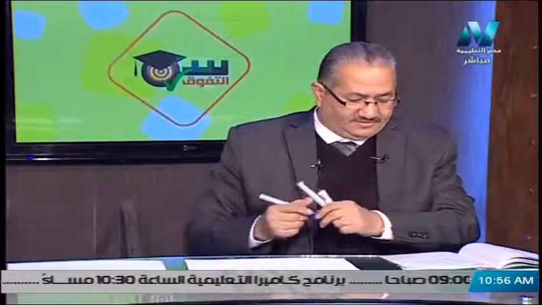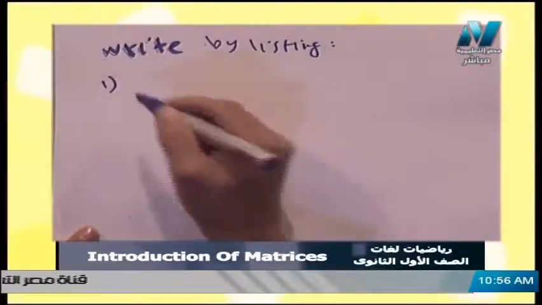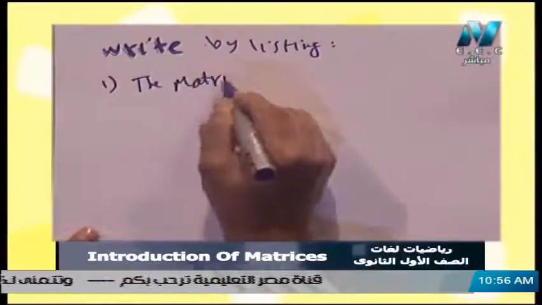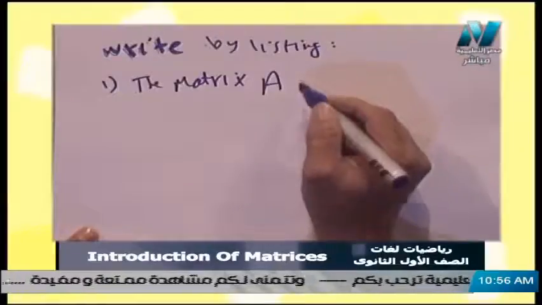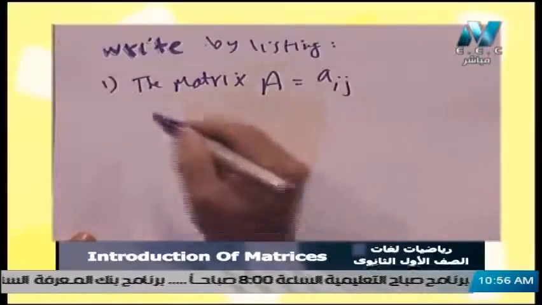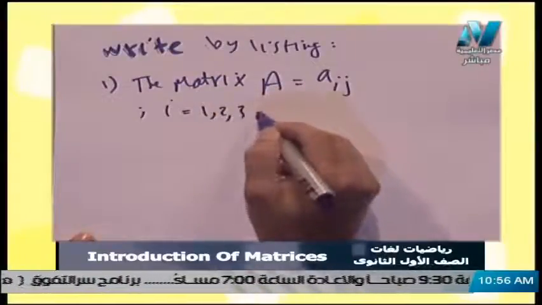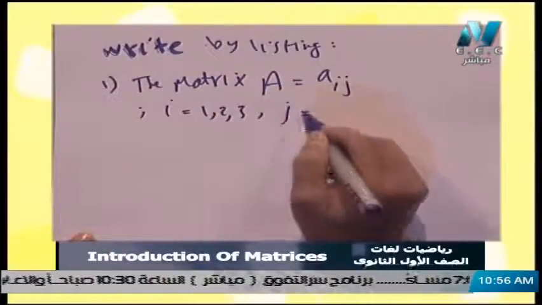Okay, the question is: write by listing the matrix A, capital A for the matrix, as we know, which is equal to Aij, such that i equals 1, 2, and 3, and j equals 1 and 2.